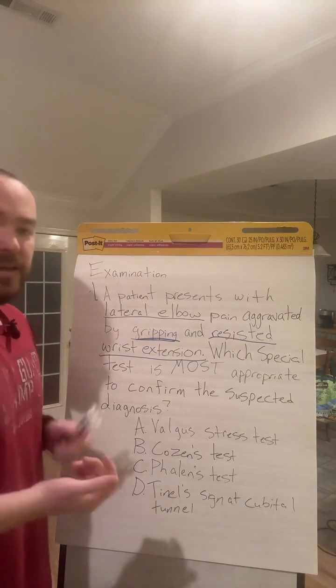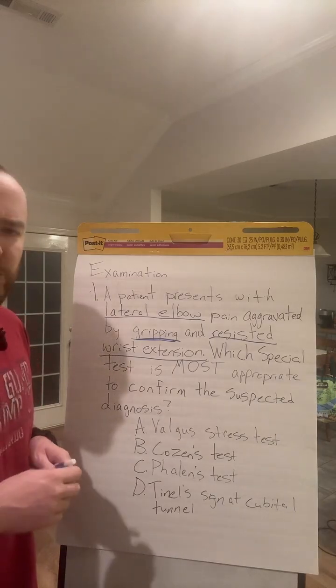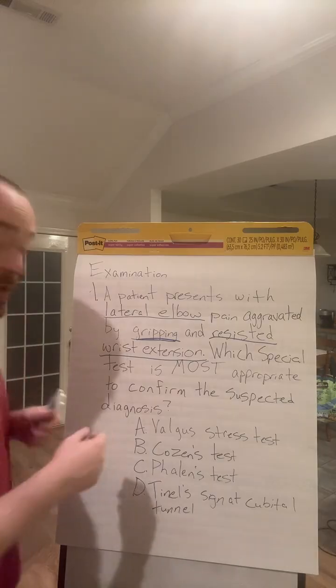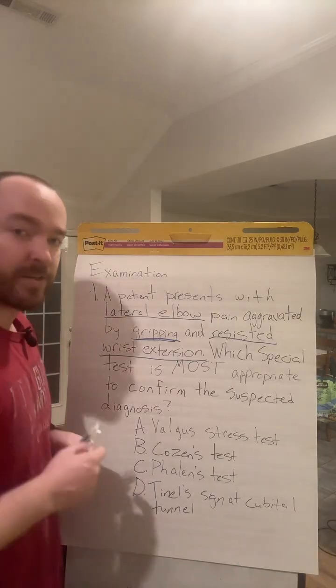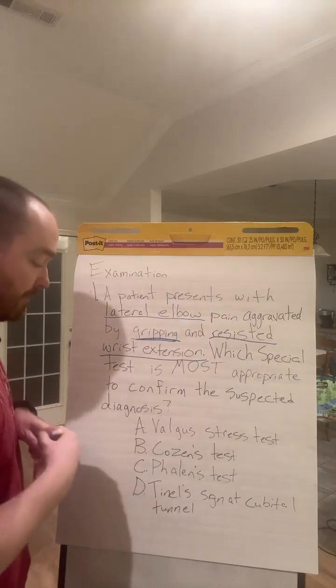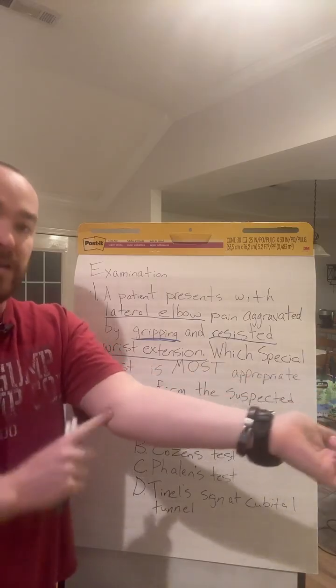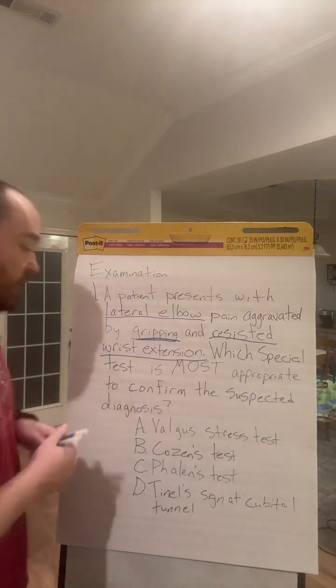The key to answering this question correctly is knowing what each special test is for. Let's start with the valgus stress test. We know it tests the integrity of the medial collateral ligament.